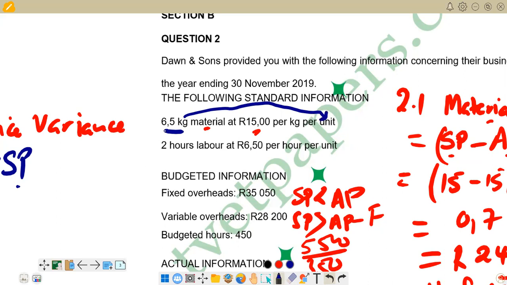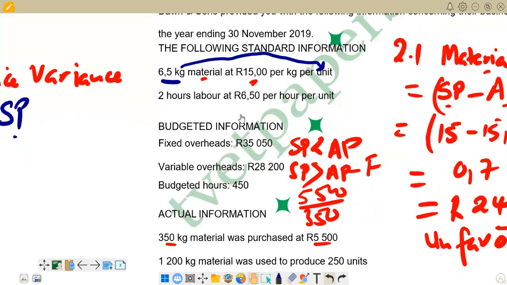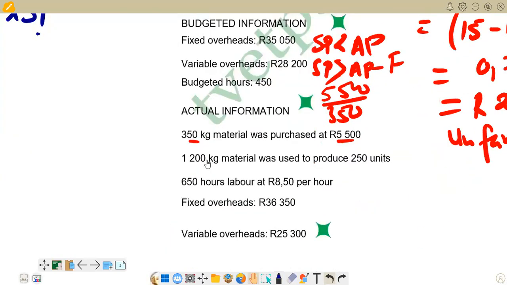So we need to know how many units there were, and then multiply by 6.5, which is the standard, to get the standard quantity. If you come here, 1,200 kg of material was used to produce 250 units. So we have 250 units.